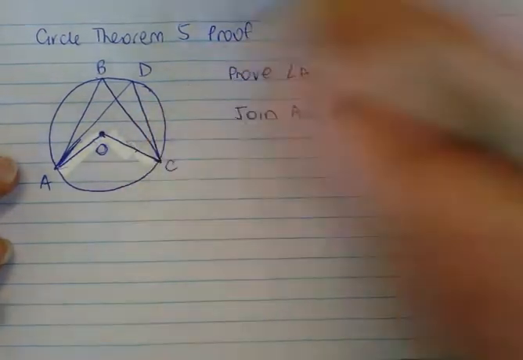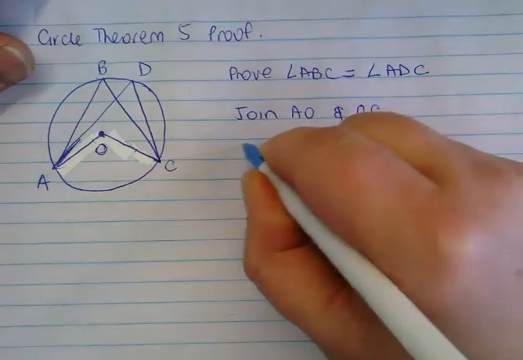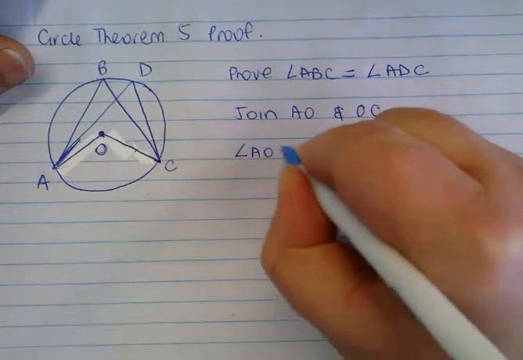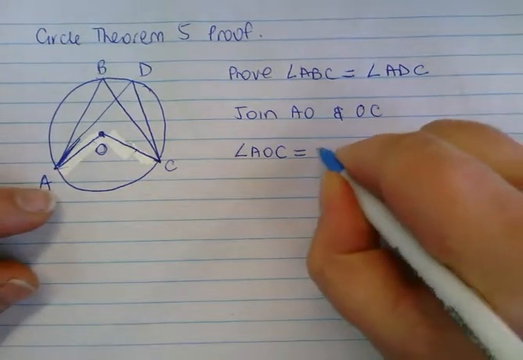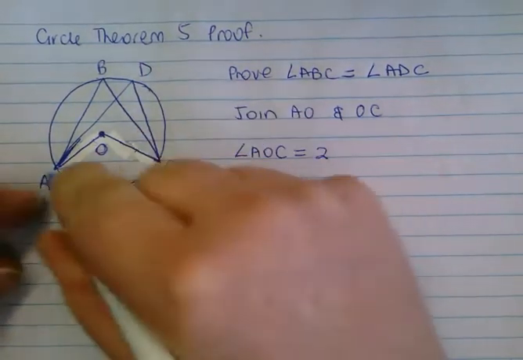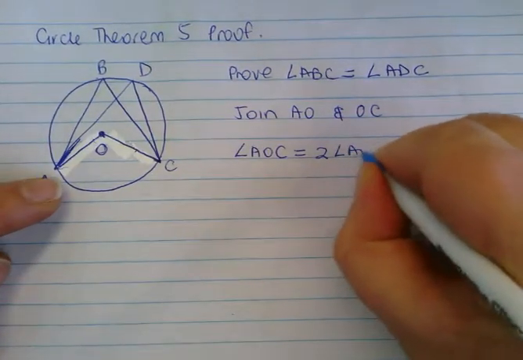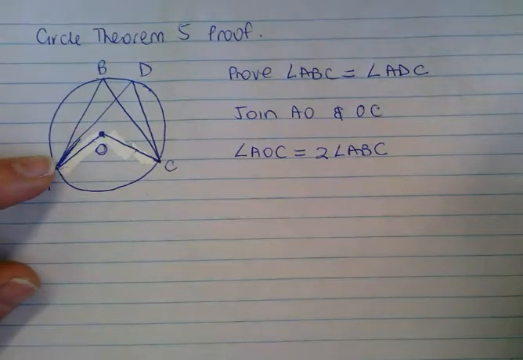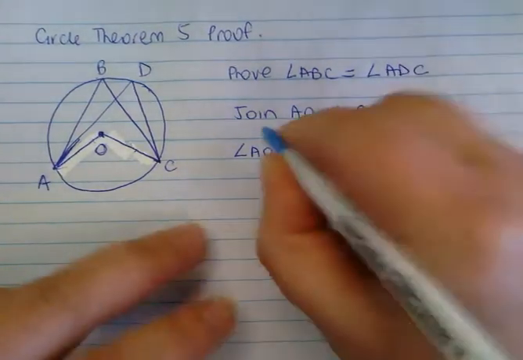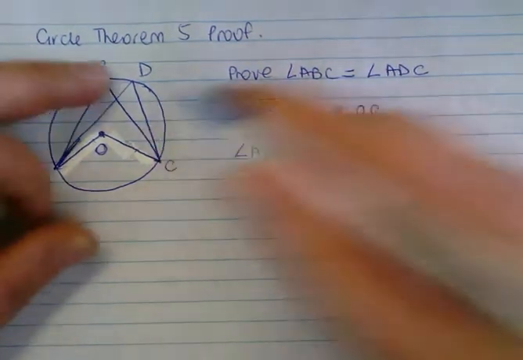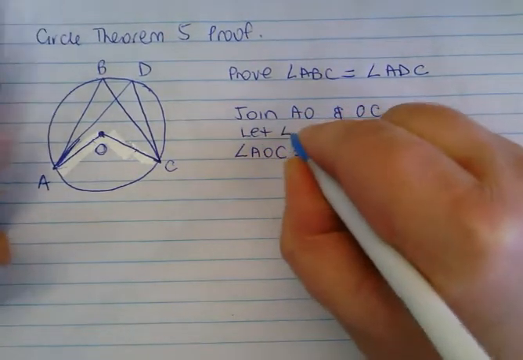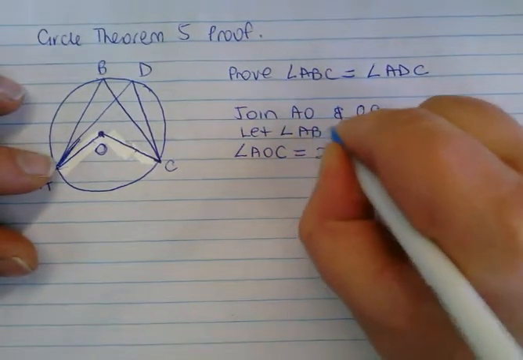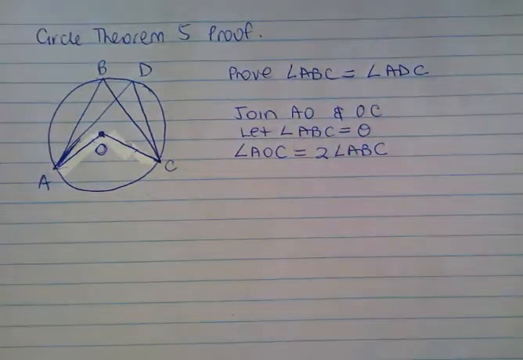Now, we know that angle AOC is equal to 2 times angle ABC. Do we agree with that? Or I could just let one of them be theta. Let angle ABC equal theta, for example.